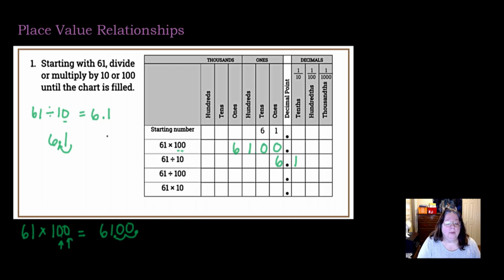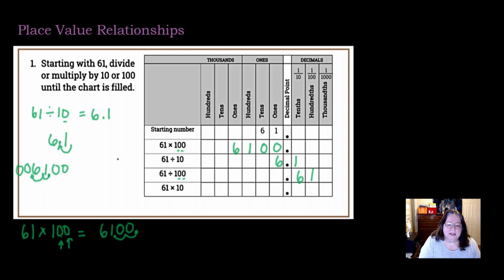61 divided by 100. Do I put the zeros on this end? Do I put them on this end? Let's think for a second. We're at 61. Our number's going to get smaller. It's going to get smaller by 2 decimal places. 1, 2. So our number becomes 61 hundredths.